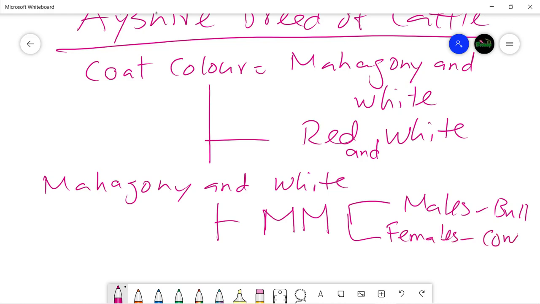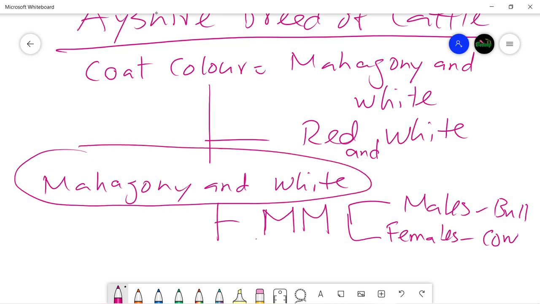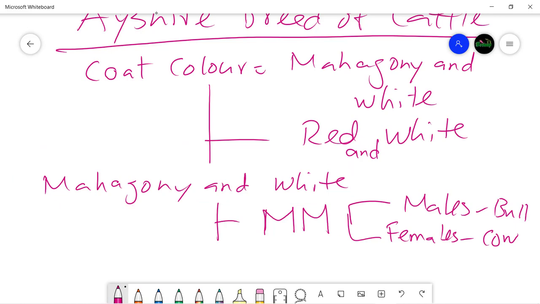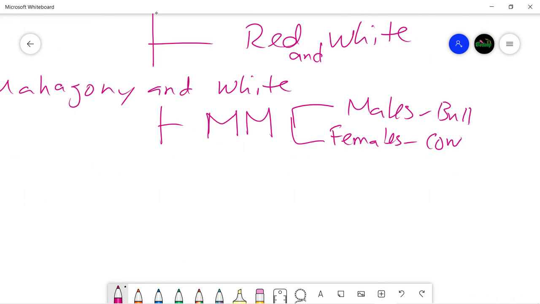So whether it is a cow or a bull, male or female cattle, their coat color, skin color will be mahogany and white when this is present in homozygous condition.